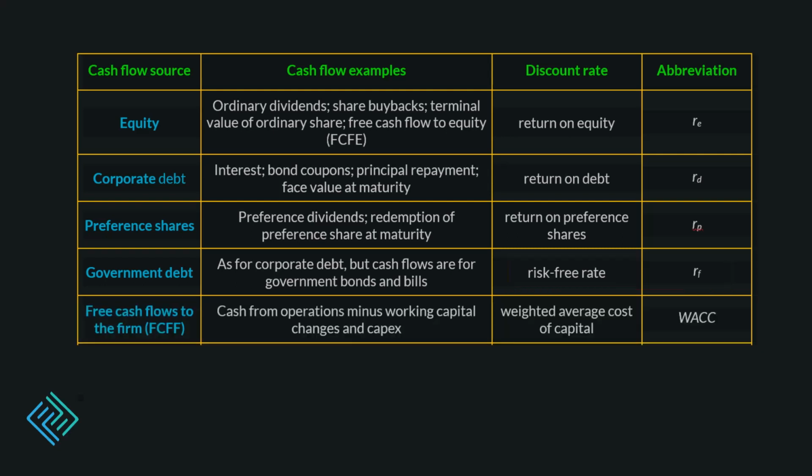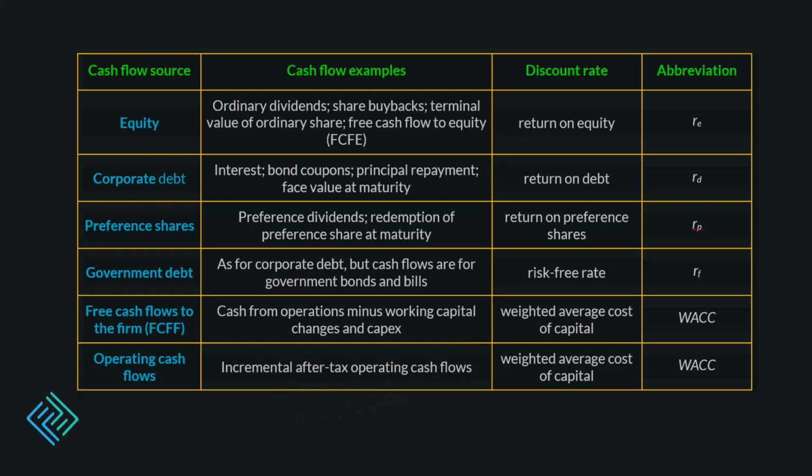Next, we have free cash flows to the firm, or FCFF. These cash flows must be discounted at WACC, which is the weighted average cost of capital. In this particular context, FCFF discounted at WACC result in an estimate of the enterprise value of the company as a whole.